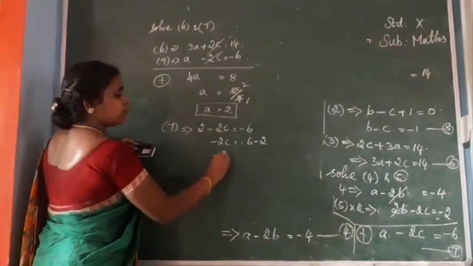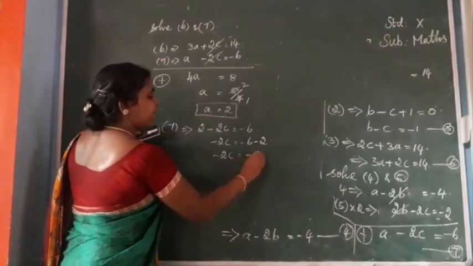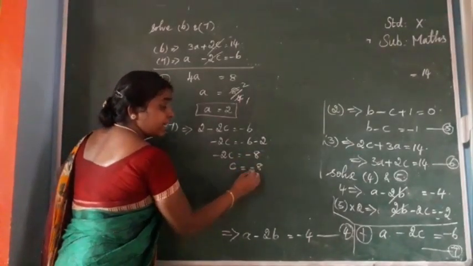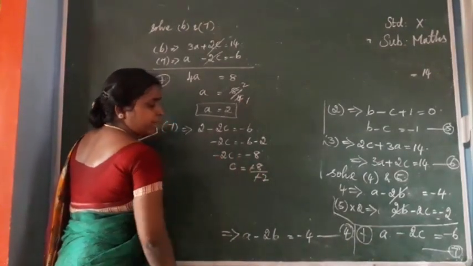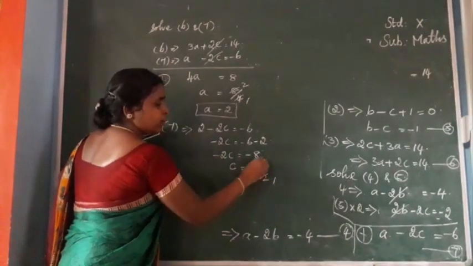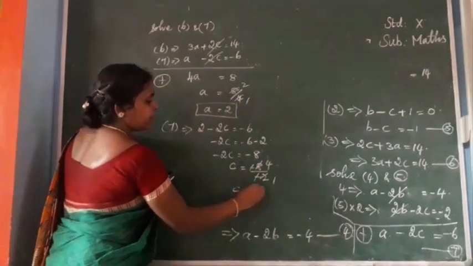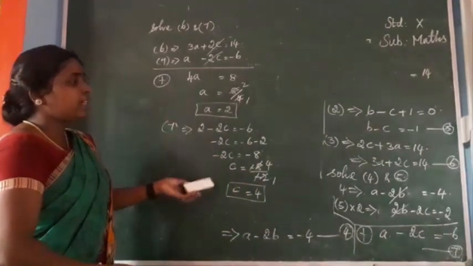So minus 2C equal to minus 6 minus 2, which is minus 8. So C equal to minus 8 divided by minus 2. Minus minus is plus, 1 2 is 2, 4 2s are 8. So we got the C value also. C equal to 4. Okay, now we got two values, A and C.